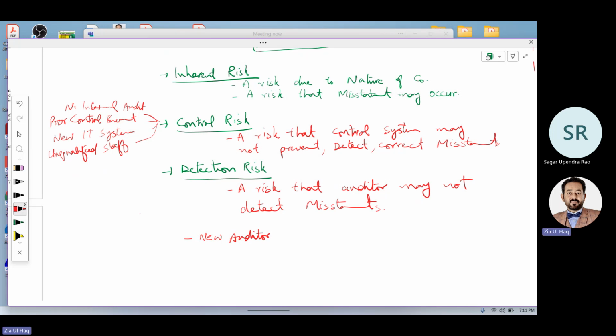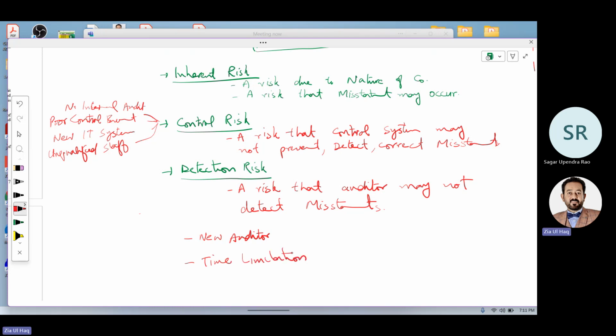Auditor is new, meaning going to conduct the audit of this type of company for the first time. So due to lack of detailed knowledge about client business, because to detect misstatement you should have knowledge about client business. If you are not having detailed knowledge, you will not be able to find where misstatements could happen. So auditor may not detect misstatements. Is there any limitation imposed on the auditor, like a time limitation?